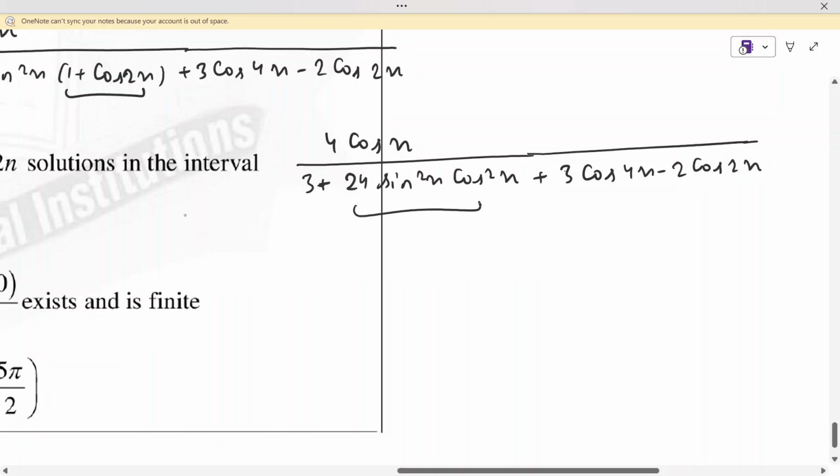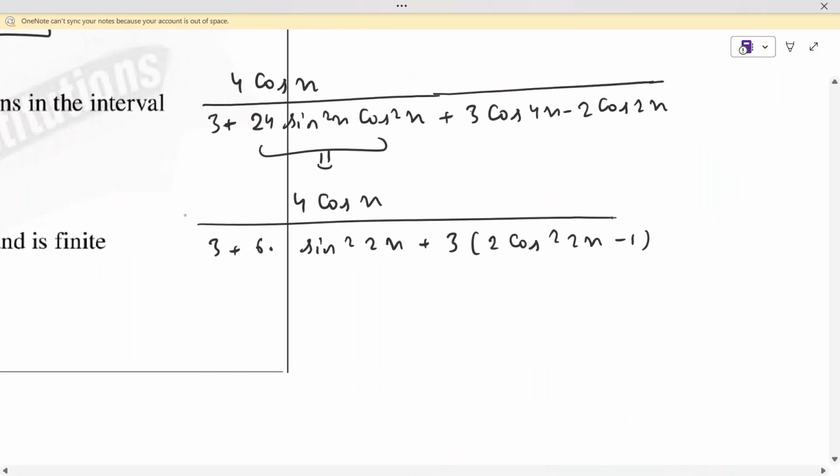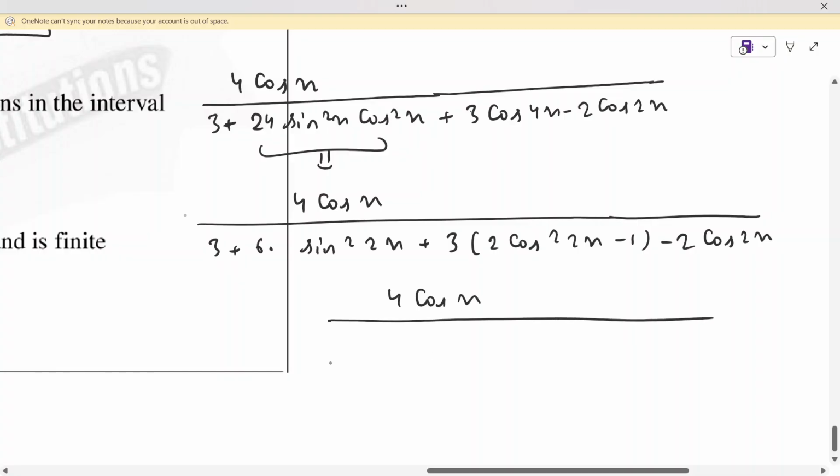If I break this, this one is 6 into 4 times cos square, divided by 3 plus 6 into sine square 2x. The second I write as 3 into 1 minus, in terms of cos 2x, I will convert it to sine square 2x. Comfortable? You just observe the 4 cos x divided by 3 plus 6 sine square 2x.